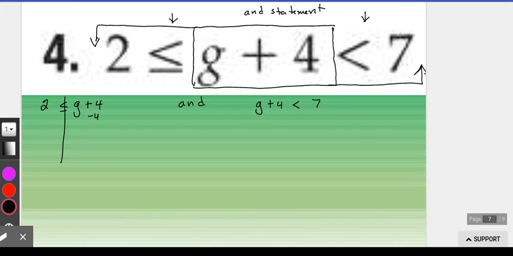So minus 4 on both sides, and I get negative 2 is less than or equal to g. Now, you need to make sure you rewrite this or your shading is going to be a little bit off. My g needs to be on the left. So I should have g is greater than or equal to -2. The second one, minus 4 on both sides, and I'm left with g is less than 3.